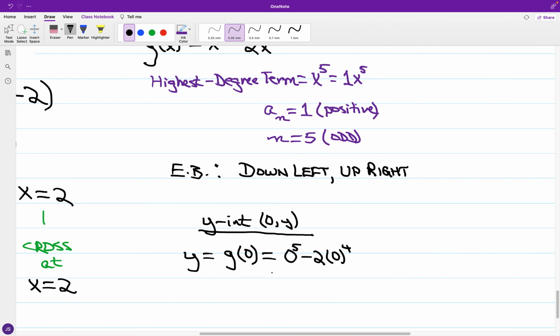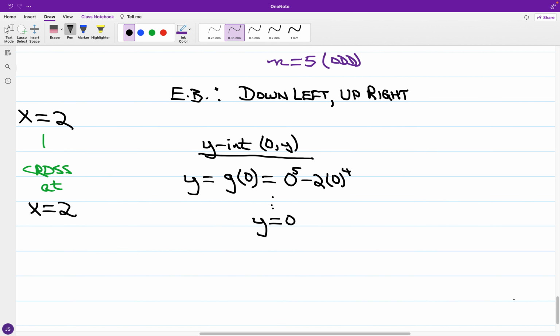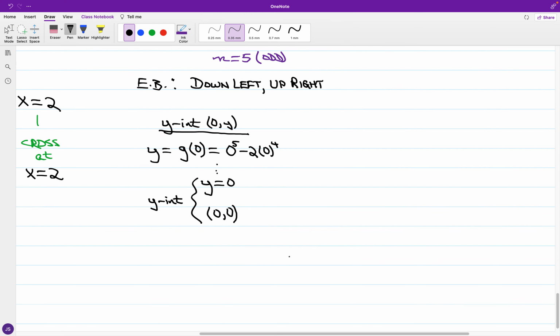So you have a difference of 0 values. Okay, so the y-intercept we have at y is equal to 0. And so we have at 0, 0.